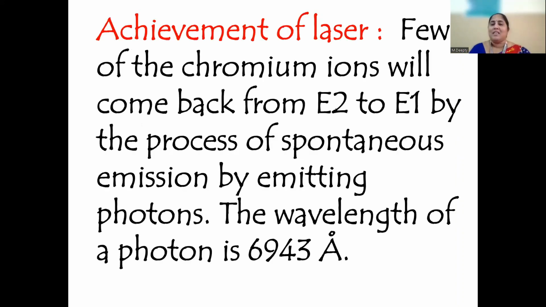At this stage, we have polished mirrors, one is a partially reflecting surface and the other is a fully reflecting surface. When the chromium atoms fall onto the metastable state, they move to and fro between the mirror surfaces until the laser action is complete.